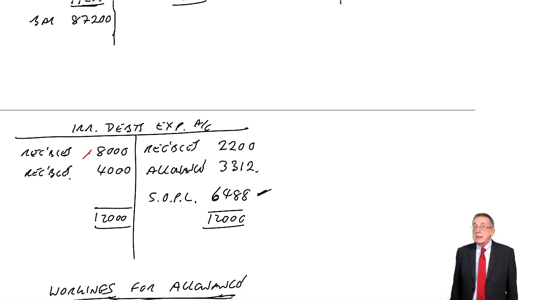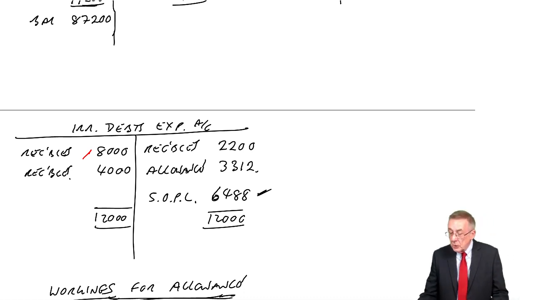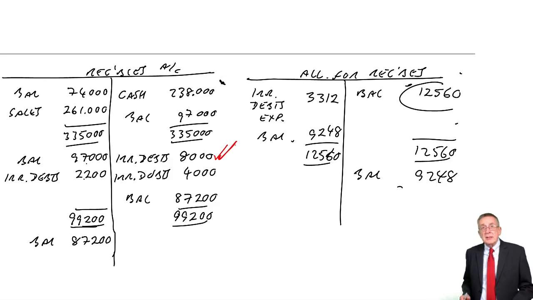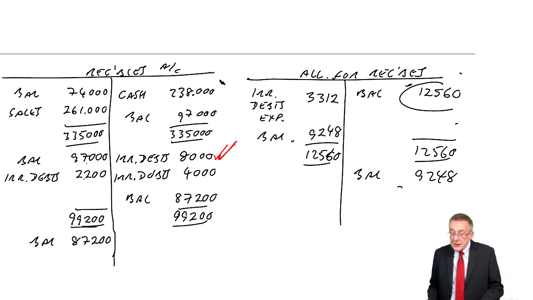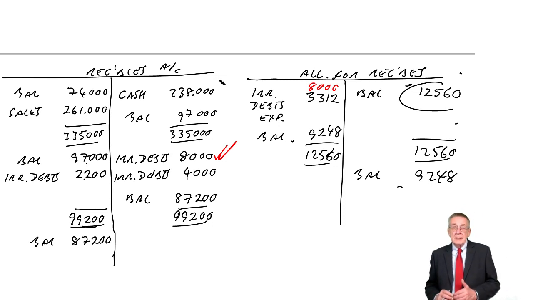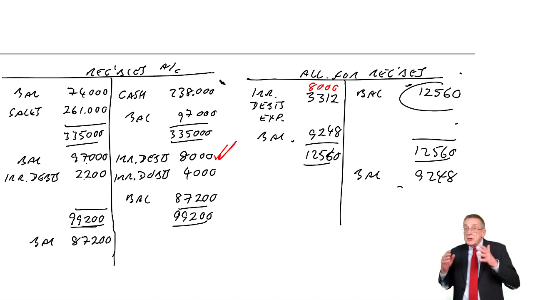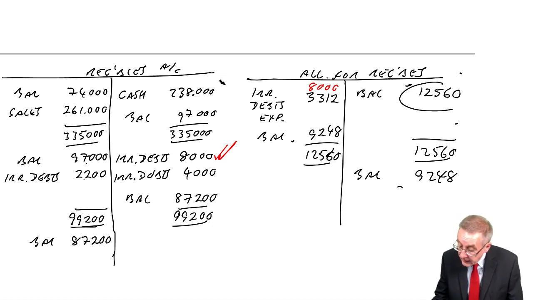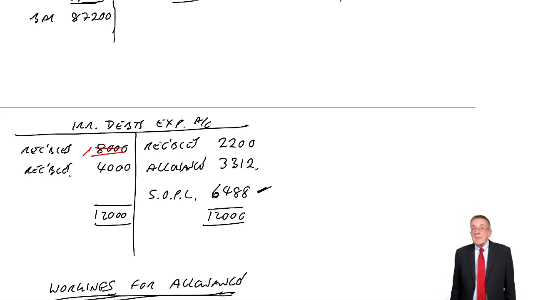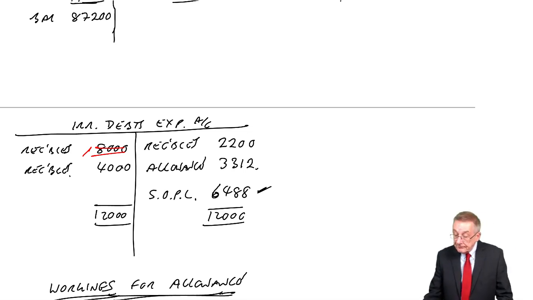Now some people quite understandably say, no. He's irrecoverable, so yes, remove him. But he was part of that allowance. So why not debit the allowance to remove him from the allowance? Now don't let me confuse you. If you want to do that, do. Debit the allowance instead of the expense. But just see, it'll end up making no difference at all.